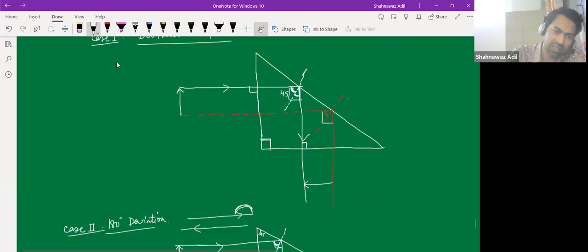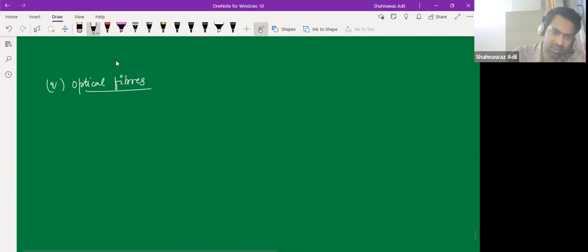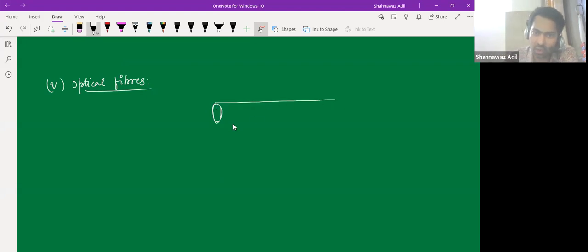So these are the case of this reflecting prism. And then you have this last use, which is the optical fiber. So optical fibers are fibers made up of glass, some quartz glass. And in the optical fibers you have two layers, right? One layer is this core, and the other layer is this cladding.